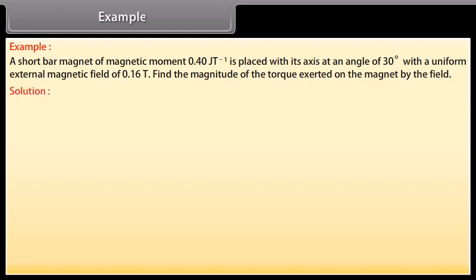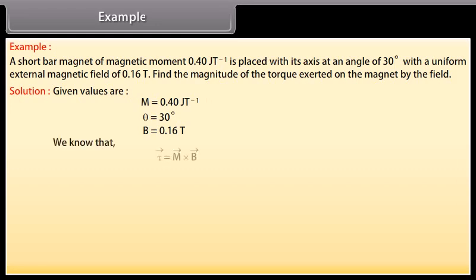Let's see the solution. Here the given values are: m is equal to 0.40 joule per Tesla, theta is equal to 30 degrees, B is equal to 0.16 Tesla. We know that tau is equal to the cross product of m and B, or in terms of magnitude, tau is equal to mB sine theta.